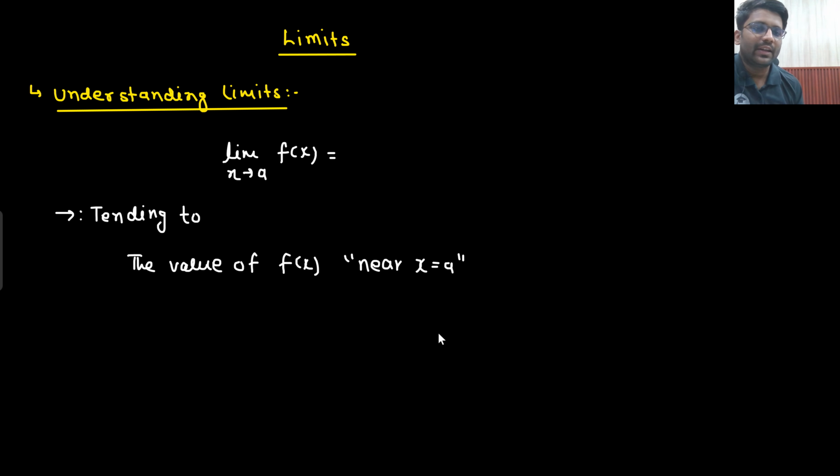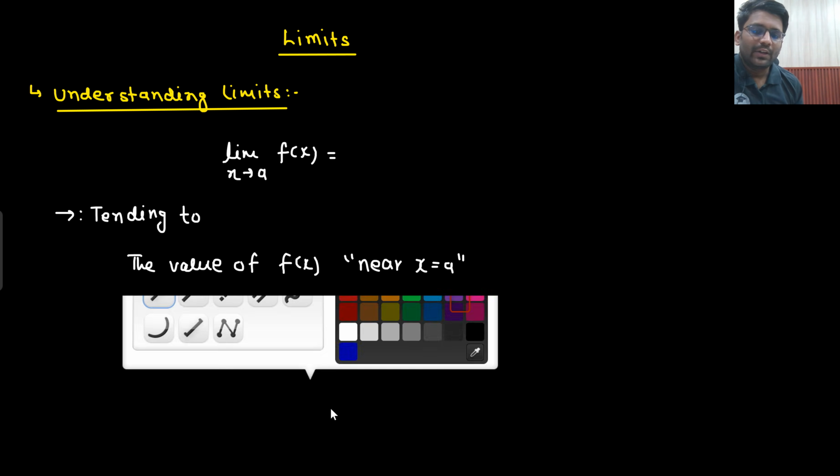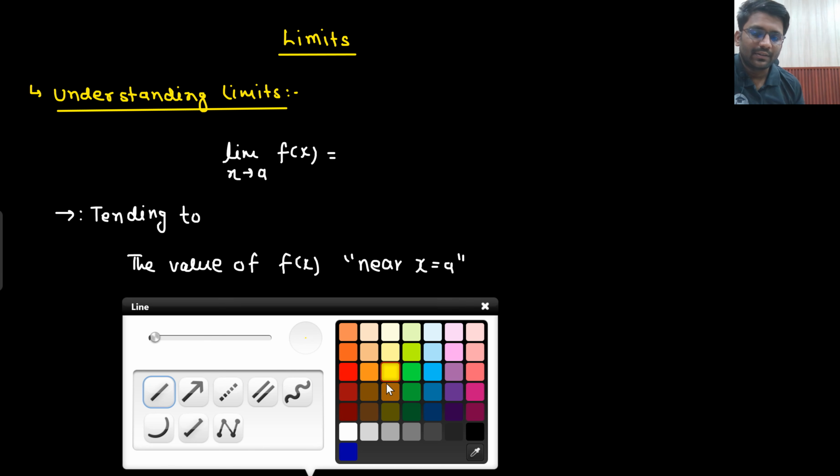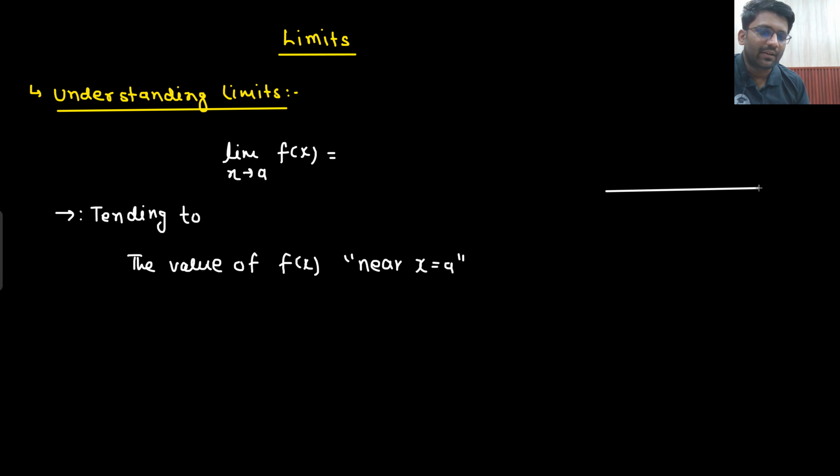And what is the meaning of near x equals a? What values are there near to a? Yes sir, near to a there are two kinds of values, a plus and a minus. A plus is just after a, a minus is just before a. So you need to find out the value of f(x) just near x equals a.